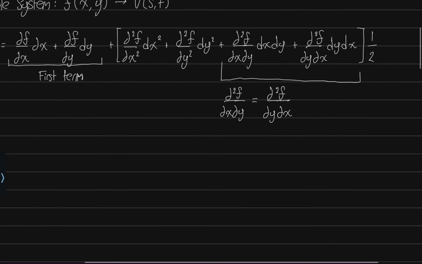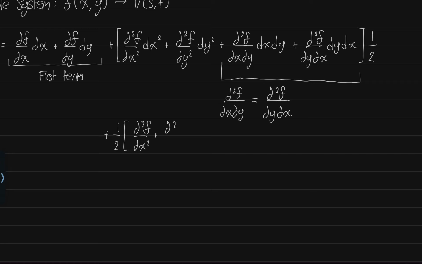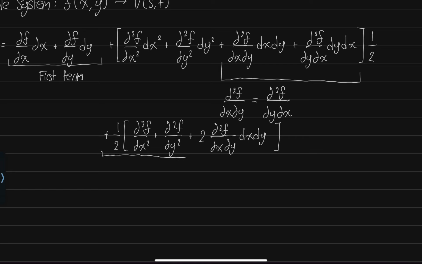So the second term we can actually rewrite as follows. I'll just bring the 1/2 out here. I'll have our d squared f dx squared plus d squared f dy squared plus 2 times d squared f dx dy. And this is going to be our second term.